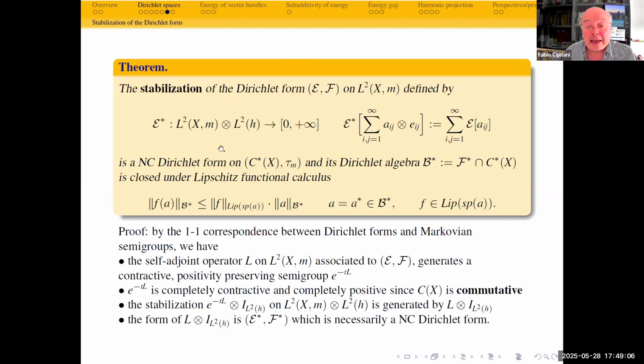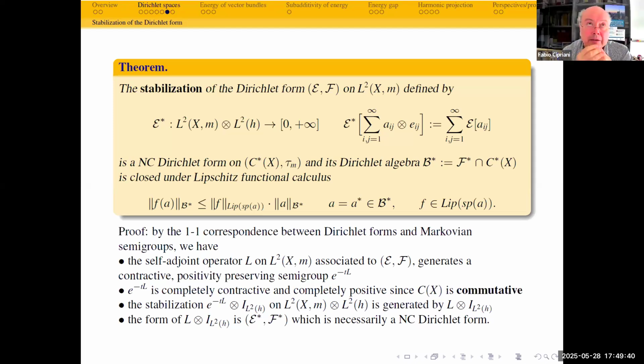Essentially, if we represent the elements of this tensor product space as matrices, the energy of a matrix of functions is just the sum of the energies of all coefficients of the matrix. So can I understand this as a trivial vector bundle, and you are considering L2 functions on the total space of a trivial vector bundle?